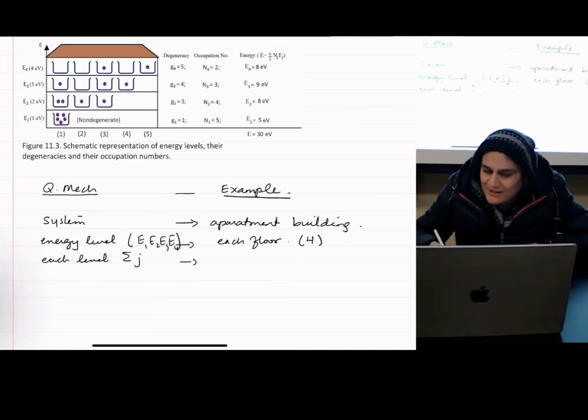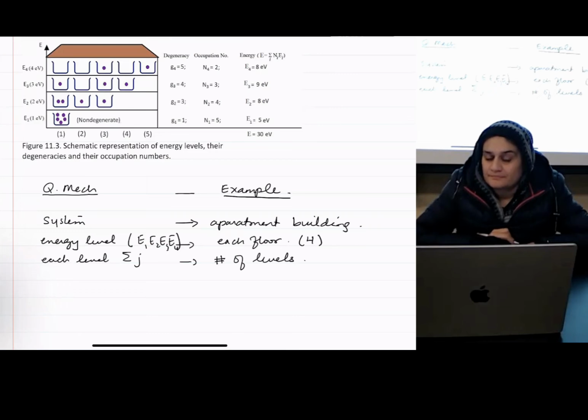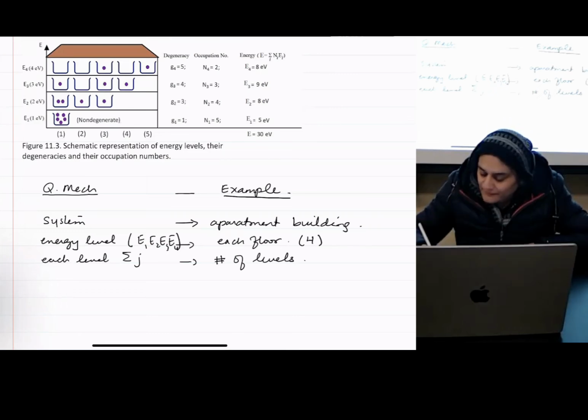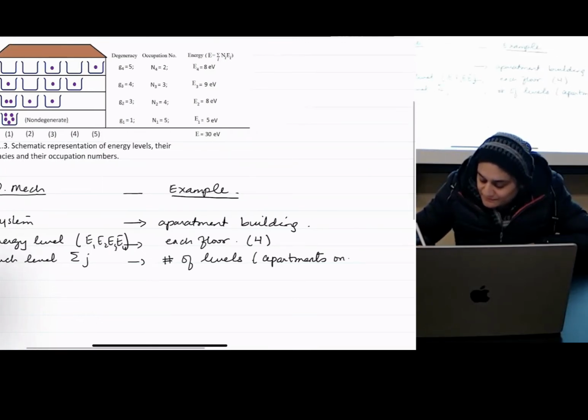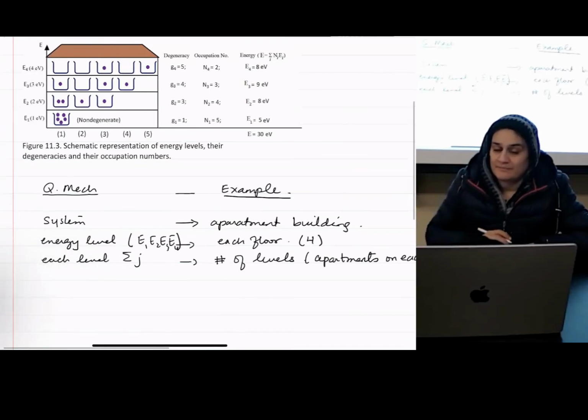Where this is just the number of level, or apartments on each floor that correspond to it.